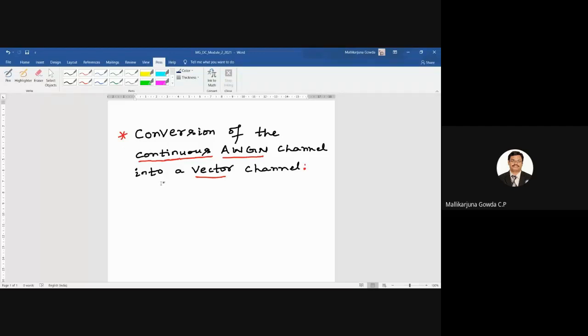A vector channel means similar to the signal vector, what I wrote: Si is equal to what? Si1, Si2 and so on up to SiN, yes or no? In the same way, we expect you to derive an expression for the channel.